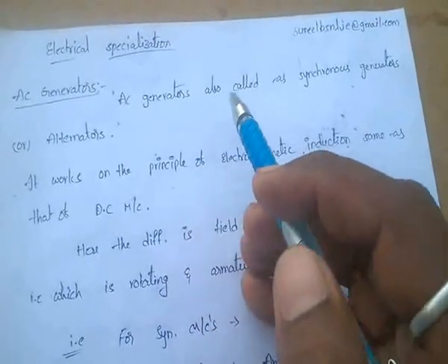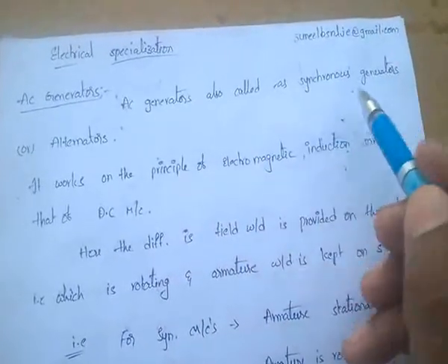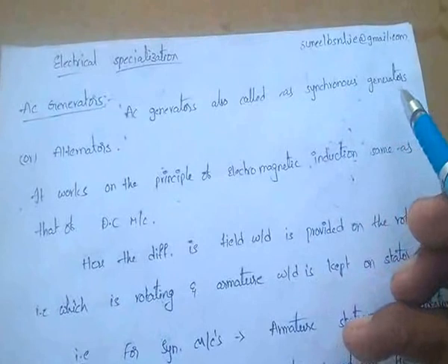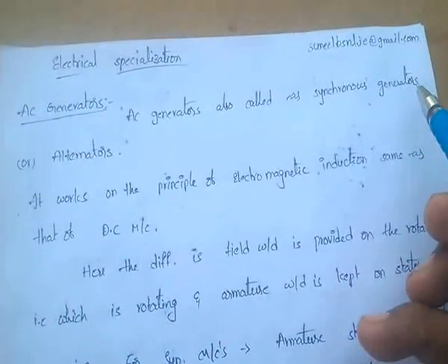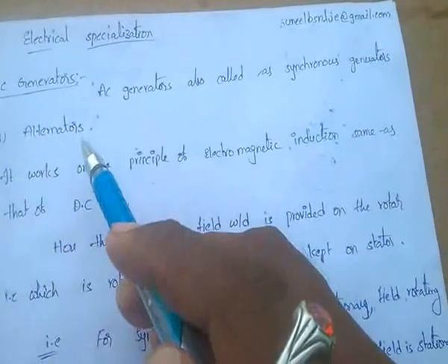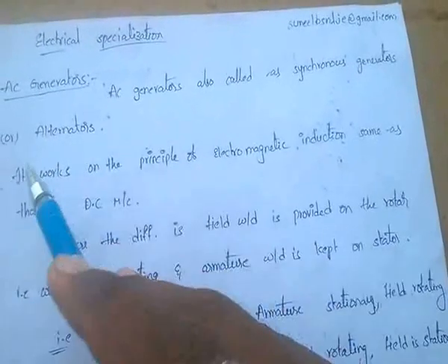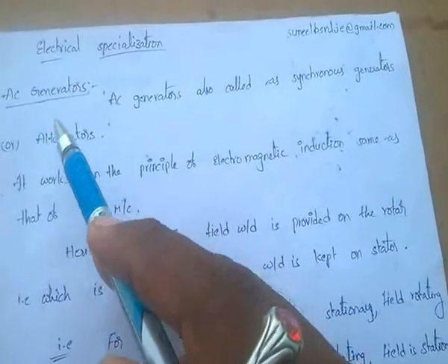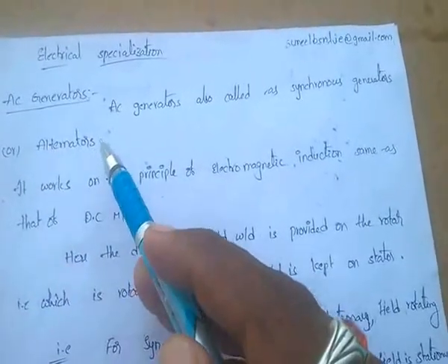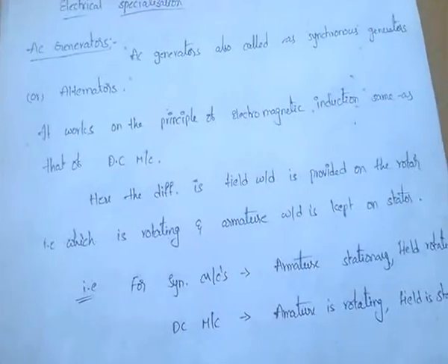AC generators are also called synchronous generators or alternators. That means they are generating alternating quantity, that's why they are called alternators.